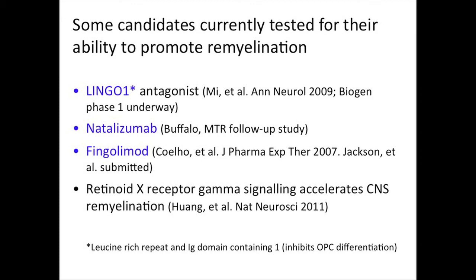There's a phase 1 trial currently underway by Biogen, I think in Switzerland, I believe. You also find candidates that are already in use, but which are not fully investigated for their potential to remyelinate.